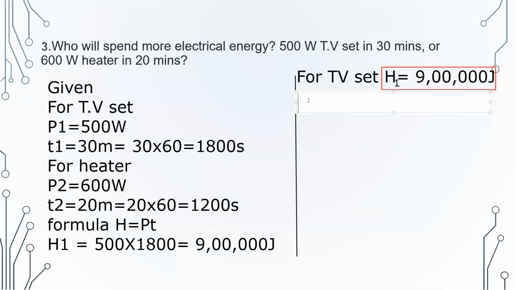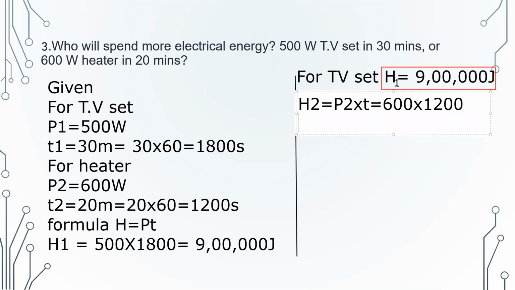Now for heater, we can write H2 is equal to P2 into T, that is equal to P2 is 600 into 1200.